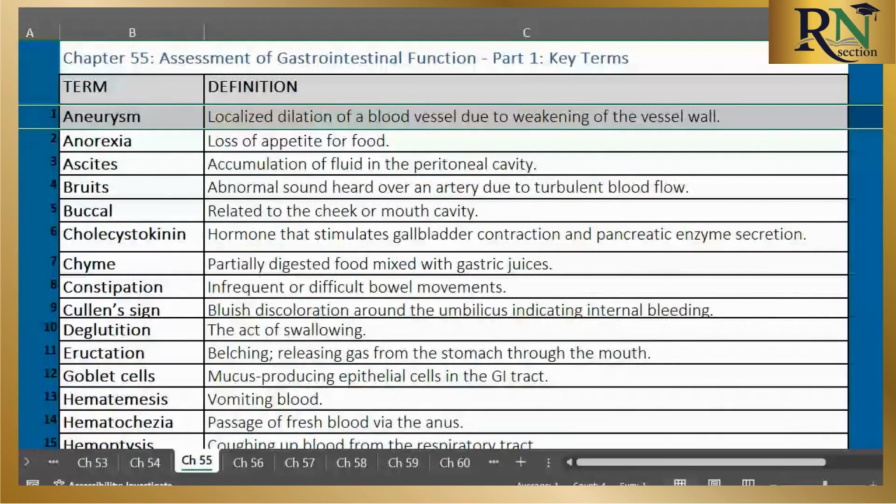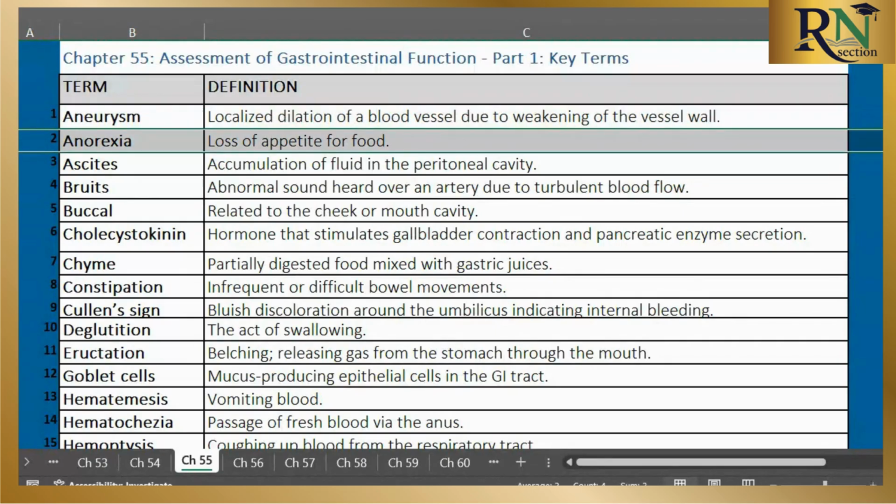Chapter 55, Assessment of Gastrointestinal Function. First term, aneurysm: localized dilatation of a blood vessel due to weakening of a vessel wall. Think of a balloon in a vessel. Next, anorexia: a loss of appetite.